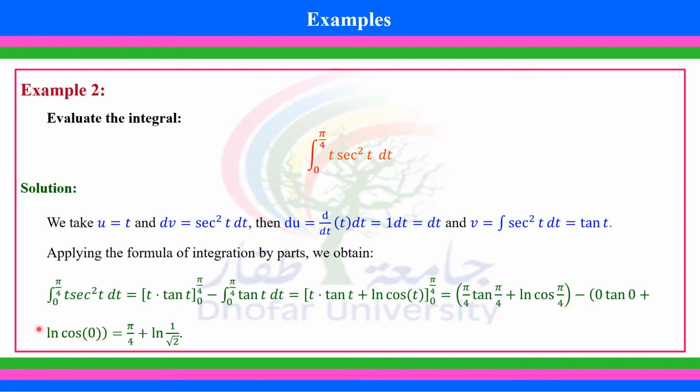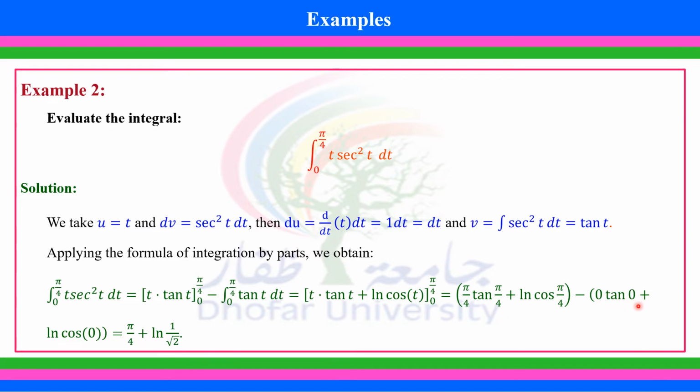Now we evaluate. Tan pi over 4 is 1, so this term contributes pi over 4. Cosine pi over 4 is 1 over square root of 2, so this term contributes ln of 1 over square root of 2, as we see here.